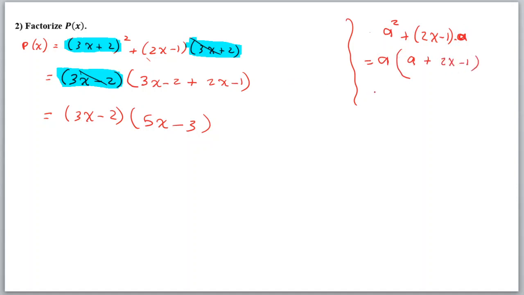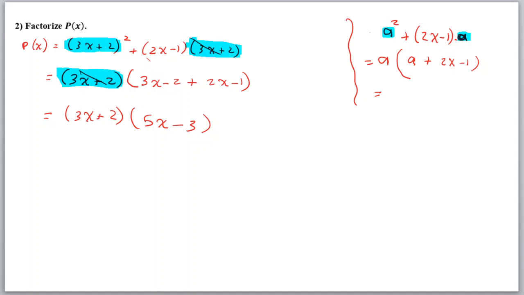That's what happened there. But here the a is this 3x plus 2, all of it, so you can imagine that it is a. So 3x plus 2 is common. I took 3x plus 2 here, and then left 2x minus 1 outside.